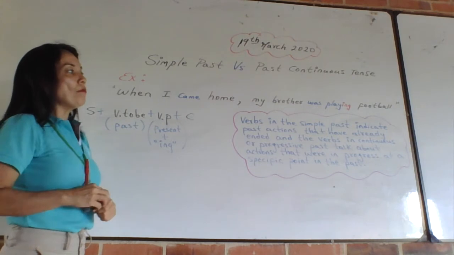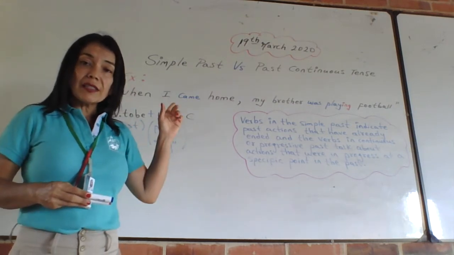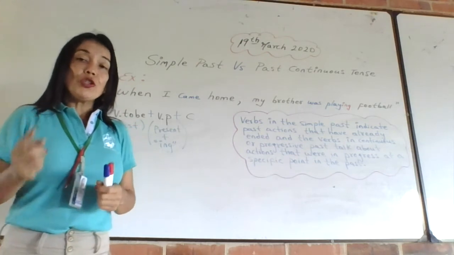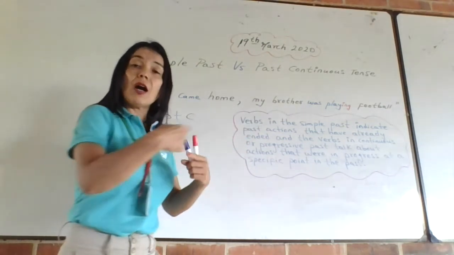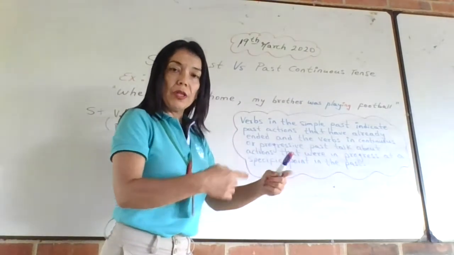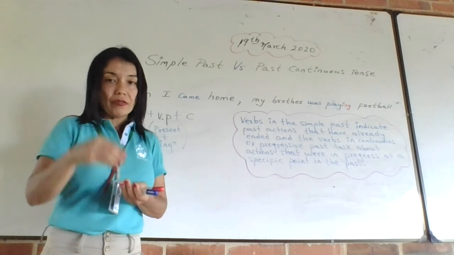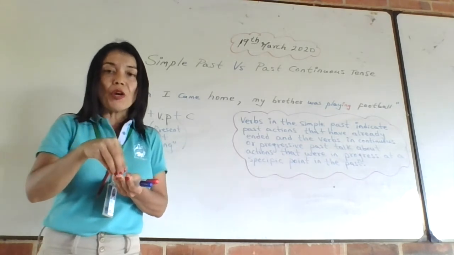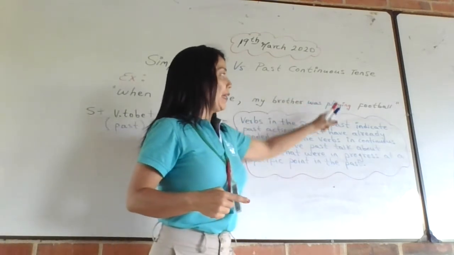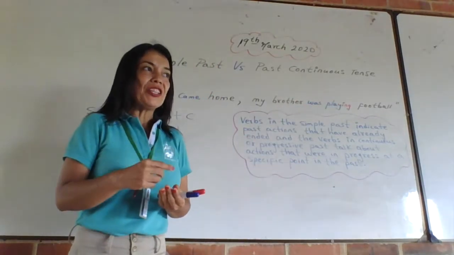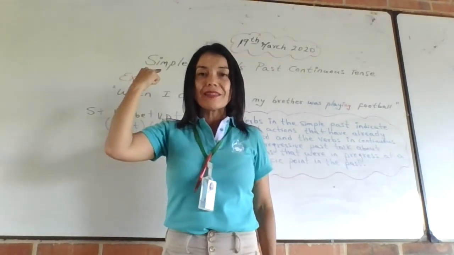When I came home, my brother was playing football. In Spanish, this means, cuando yo llegué a la casa, mi hermano estaba jugando fútbol. Came indicates an action at an exact point of time in the past. Was playing indicates an action in progress at a specific point of the past.